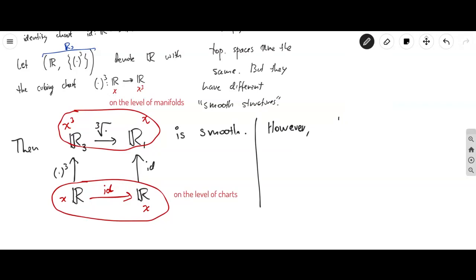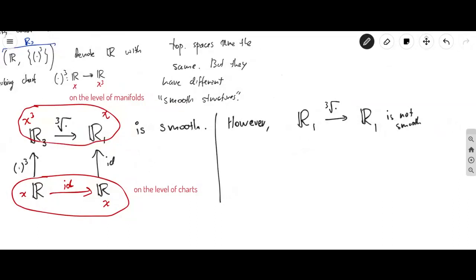However, if you go from R1 to R1 by using the cube root map, it is not smooth. Well, why not? Because when you send it back to the charts, this is the identity, this is the identity, and at the level of the charts, this is just back to the cube root map.